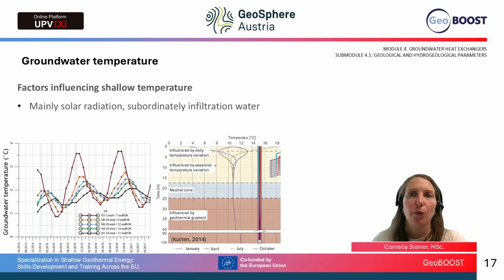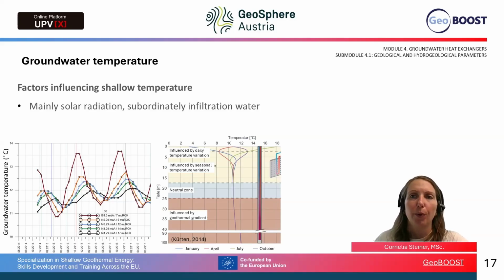The annual atmospheric temperature curve for Central Europe can be well described by a sinusoidal curve. And this sinusoidal curve is dampened in the subsurface, as you can see in this graph here, until a certain depth, the neutral zone. Then there is no longer any fluctuation and we have a stable groundwater temperature throughout the year.